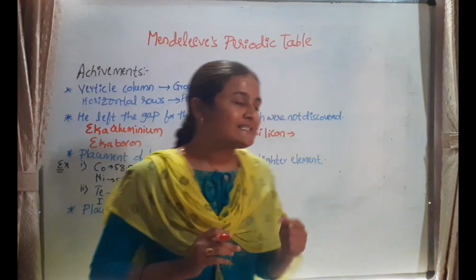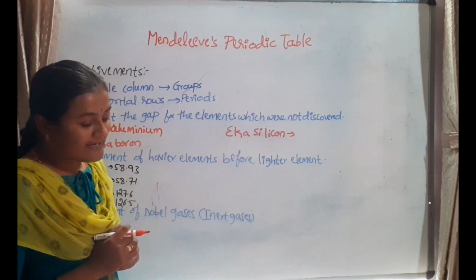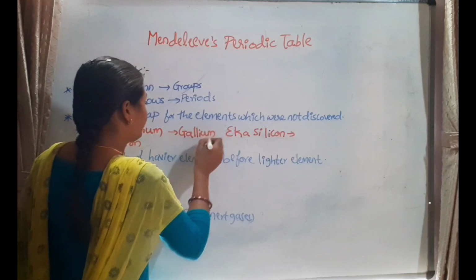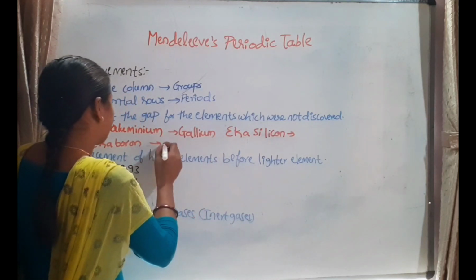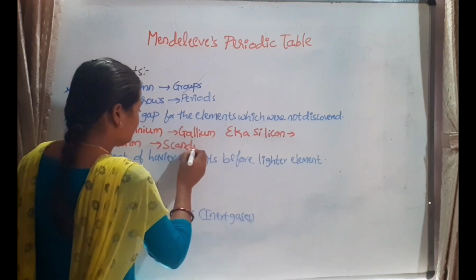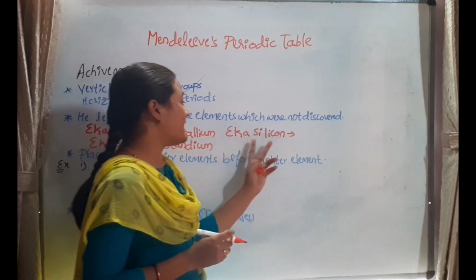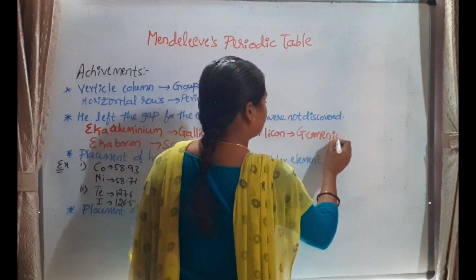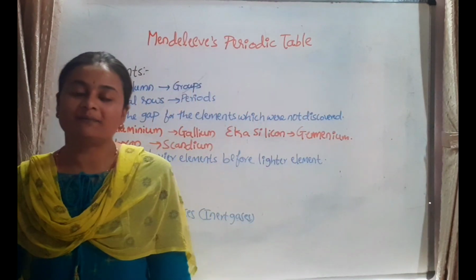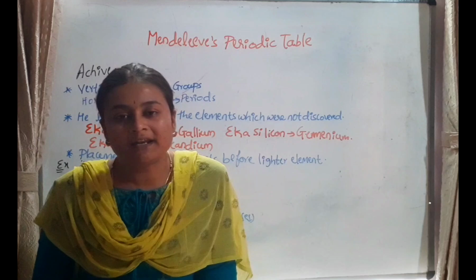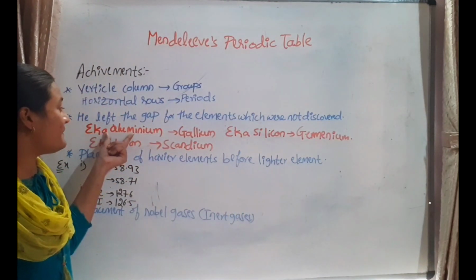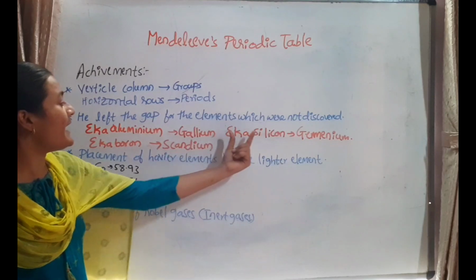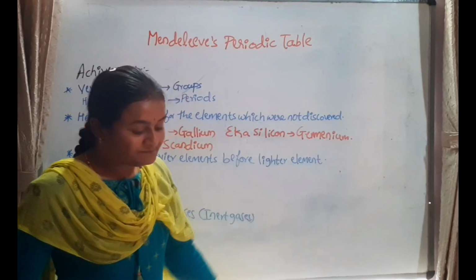Nowadays, Eka aluminium is called gallium and Eka boron is called scandium, and also Eka silicon is called germanium. This is the beauty of the Mendeleev's periodic table because he predicted some more elements would be discovered in future. And here it is important: Eka aluminium is called gallium, Eka boron is called scandium and Eka silicon is called germanium.